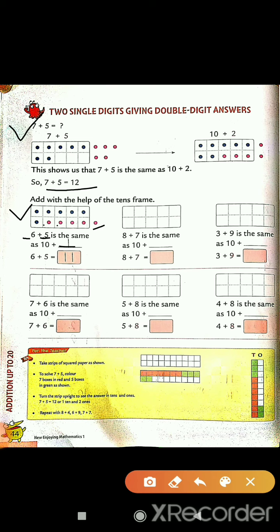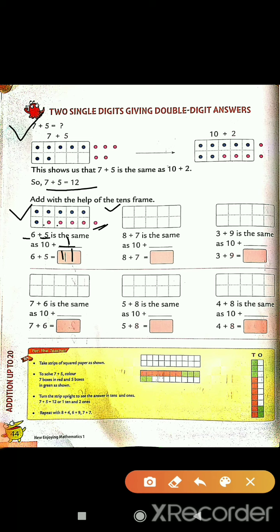Now 1 is remaining. So 6 plus 5 is the same as 10 plus 1. So 6 plus 5 is equal to 11. Students, you will use blue color and pink color to make balls. Got it, students?